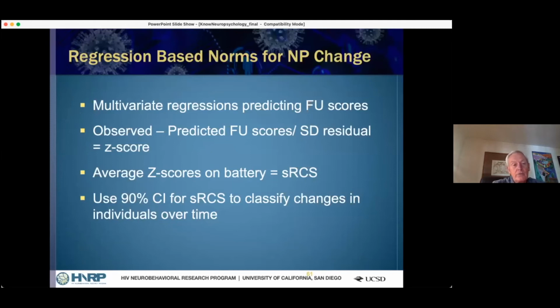And that gives you a z-score that tells you how well or how poorly the person did based on what would be expected if they weren't changing. And then if you average those z-scores, you have a summary regression-based change score. Then you can look back at your normative sample and make cutoffs for 90% confidence interval is what we've used, but that's arbitrary. You could use something different from that. Next.